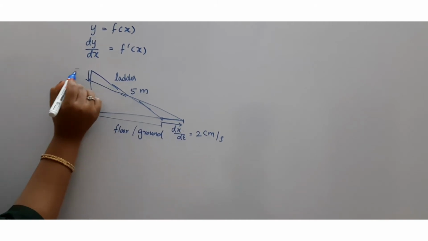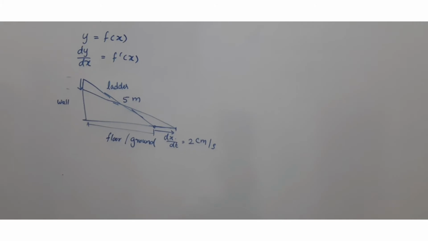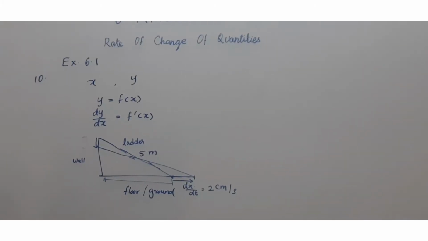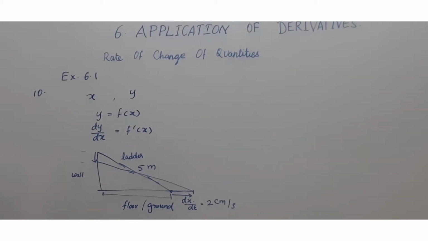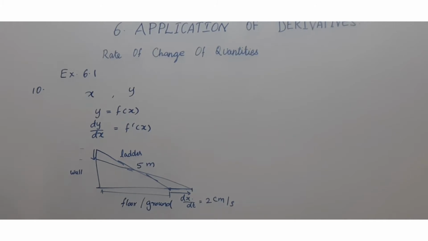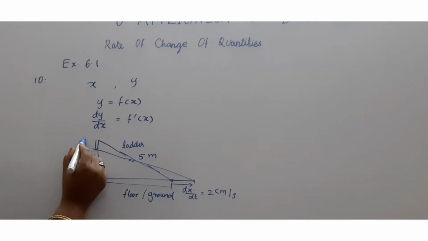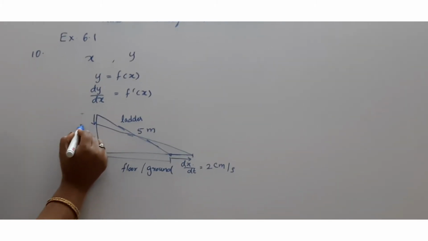And this again we are not going to mention to be the height. Let us see what the question asks about. How fast is its height on the wall decreasing when the foot of the ladder is 4 meter away from the wall? They are asking about the rate at which the height of the ladder is decreasing.